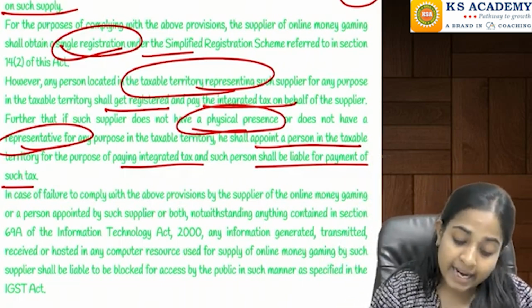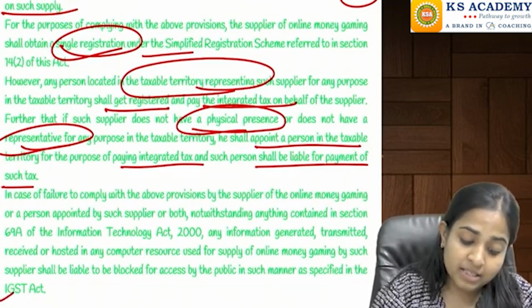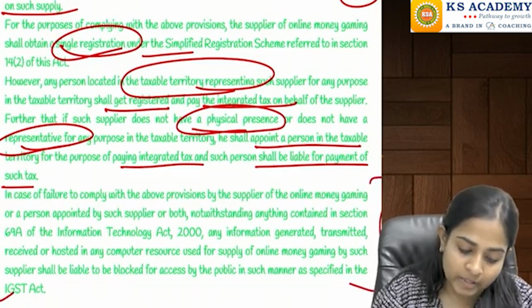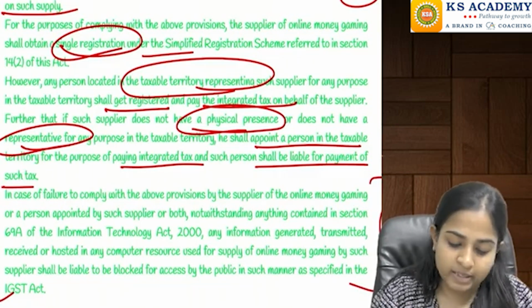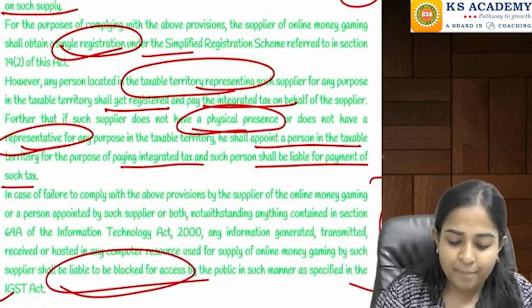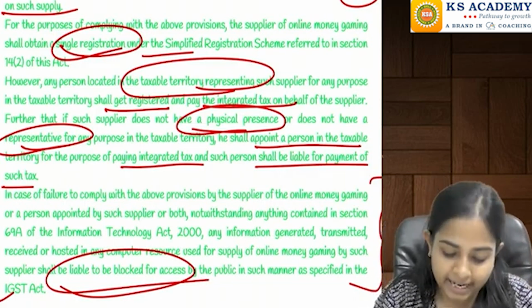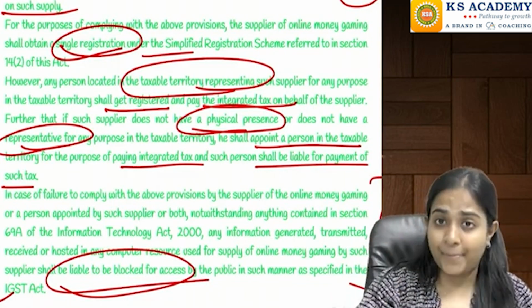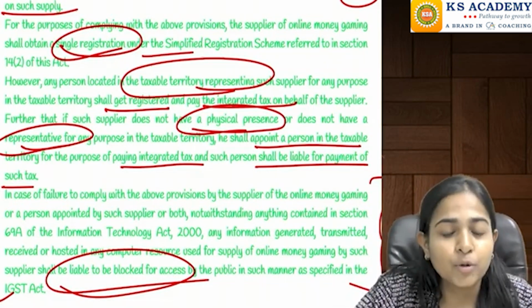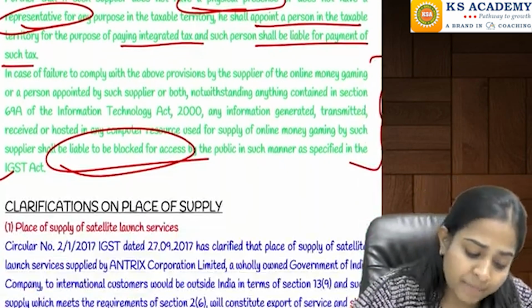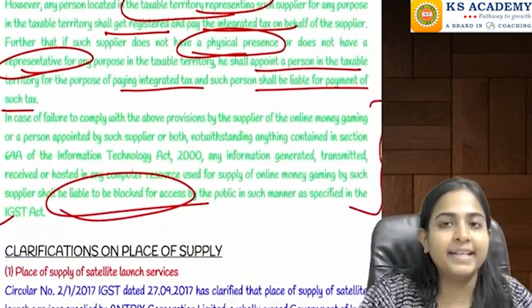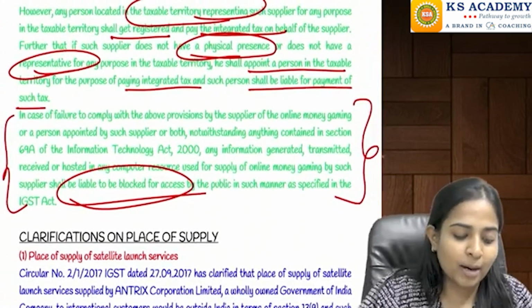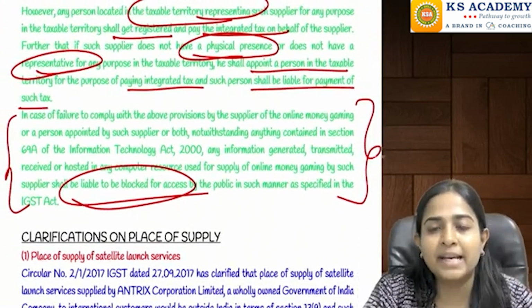Suppose you don't do this, then in that case, your website will be blocked here in India for the general public. Your app will not be allowed to be used here in India, or your website will be blocked for the general public here in India if you do not appoint the representative for the purpose of paying the tax.